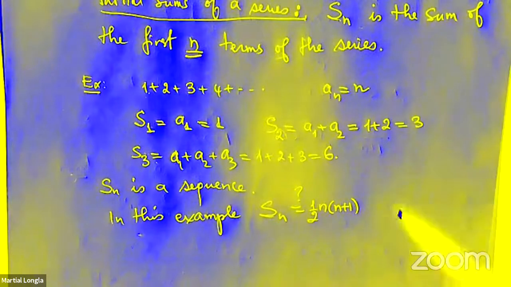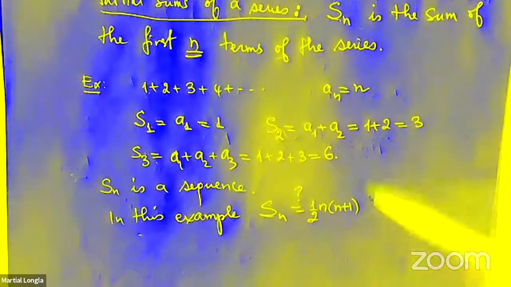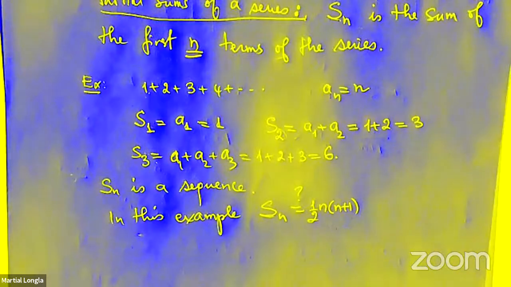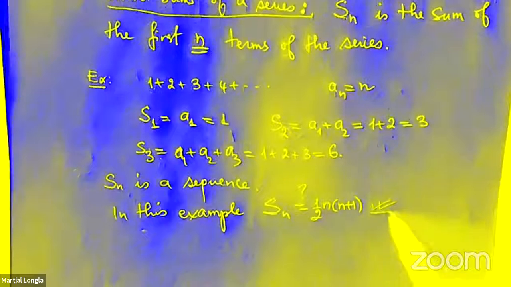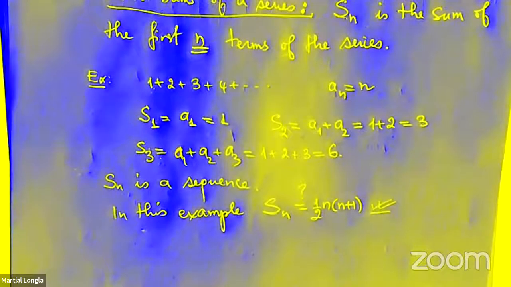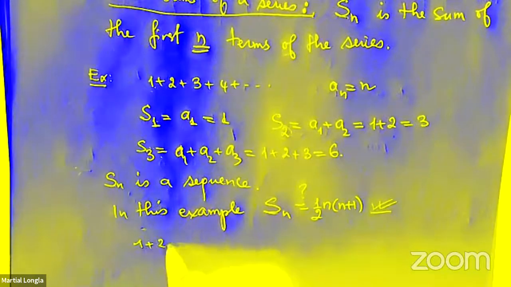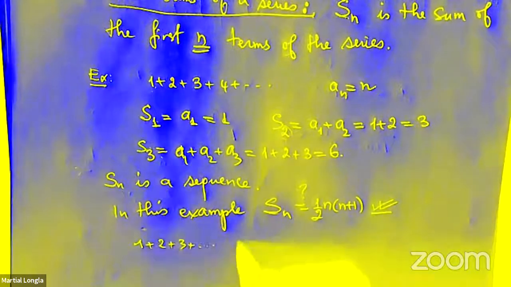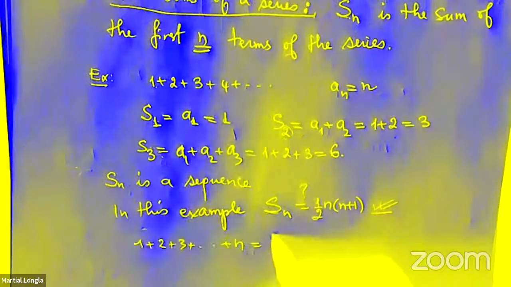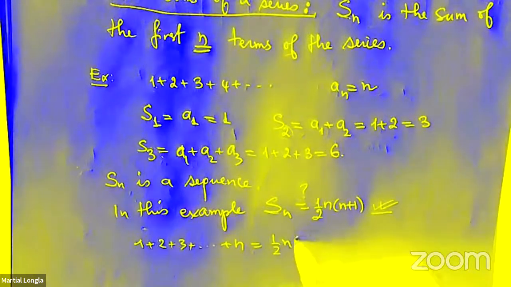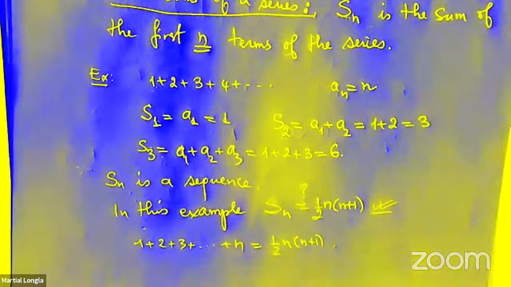So if you add the first n integers, what you get is 1/2 n times n plus 1. So there is a formula for Sn in this case. So that means clearly that 1 plus 2 plus 3 plus all the way to n equals 1/2 n times n plus 1. All right.